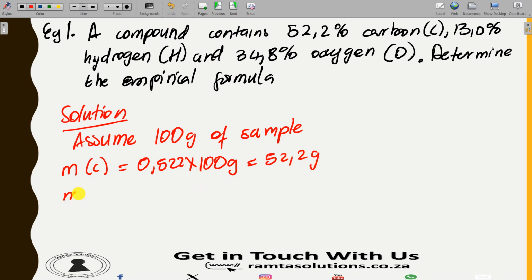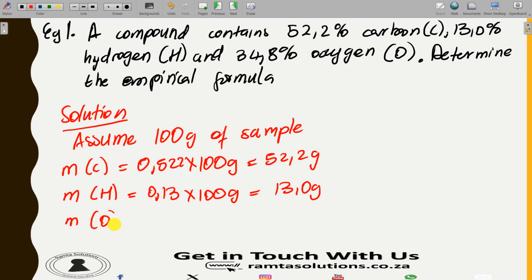In the same way, 13.0% of hydrogen is 0.13 times 100. This tells you that you have 13.0 grams of hydrogen.